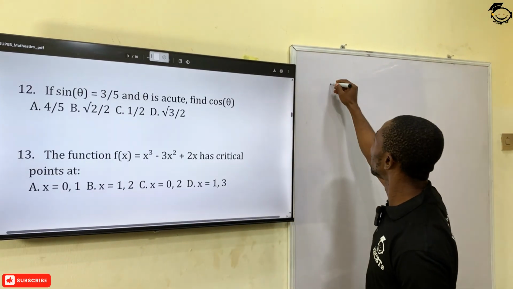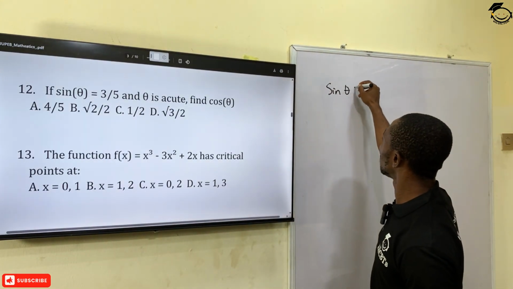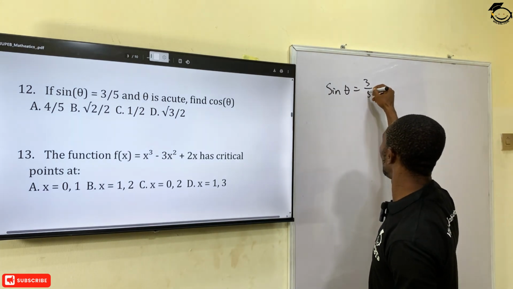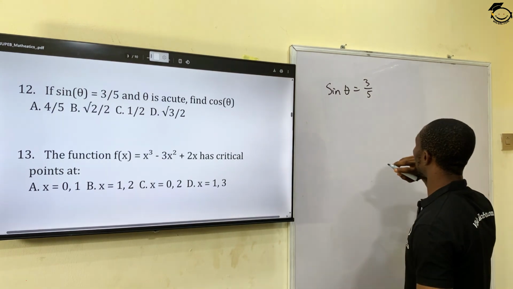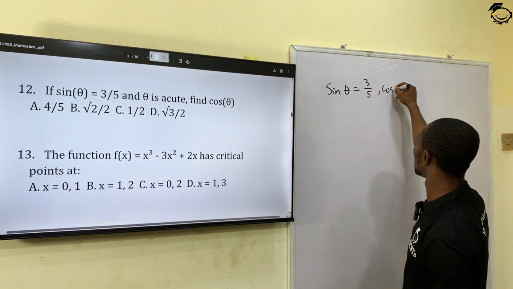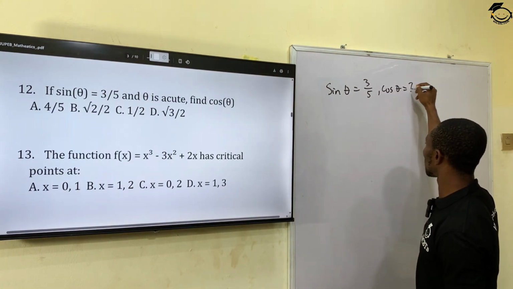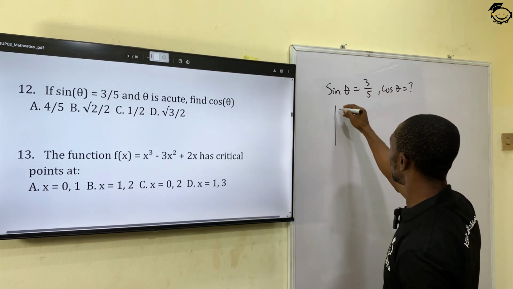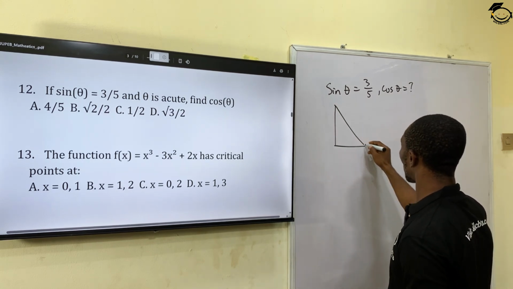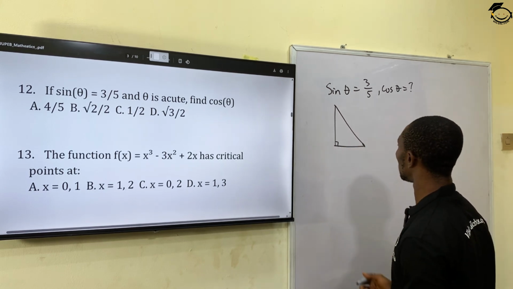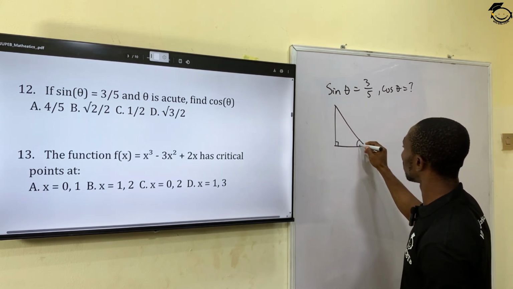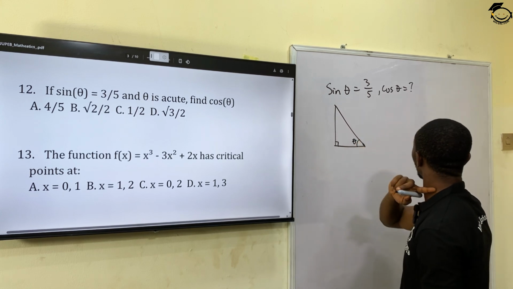If sine theta equals 3 over 5 and theta is acute, find cos theta. So we are looking for cos theta, bearing in mind that our theta is acute. Since an acute angle is an angle that is less than 90 degrees, we can call this our theta.